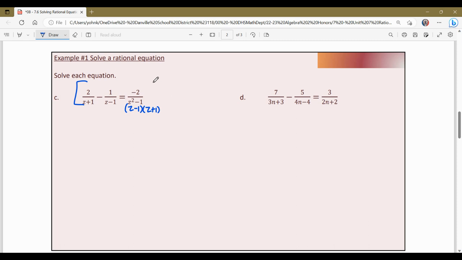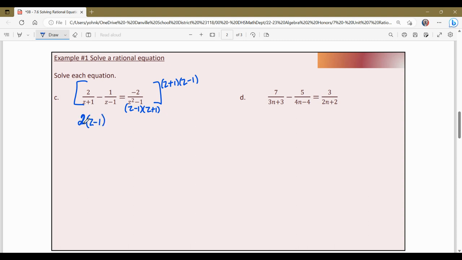Now we can figure out what our lowest common denominator is. Well, it looks like I need a z plus 1 and I need a z minus 1. All right, so now we're ready to distribute. In my first fraction, when I multiply by the LCD, my z plus 1's go away. So I have a 2 and a z minus 1 left.